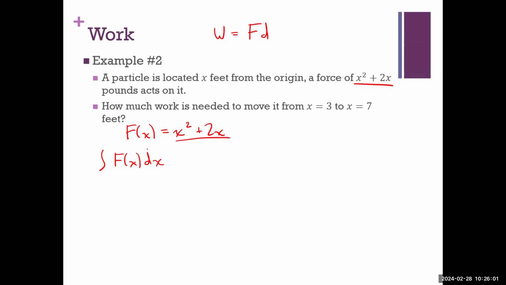So how do I get the full work over the movement that I care about? The bounds are going to do that for me. I want to integrate from 3 to 7. So the integral from 3 to 7 of x squared plus 2x dx.